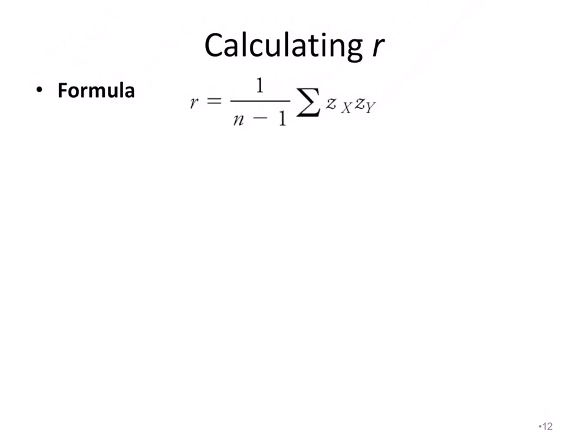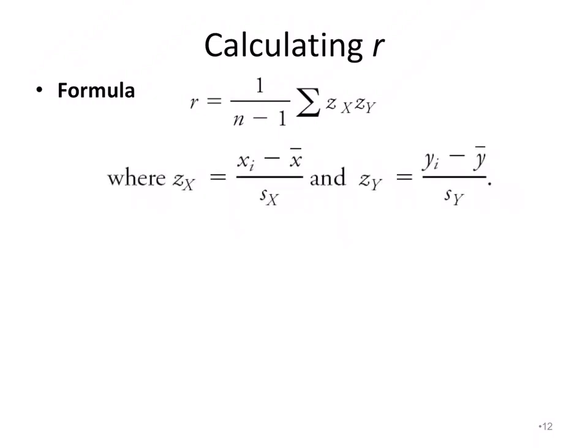So here we go, we're going to calculate R. When you calculate R, the formula is R equals 1 over n minus 1 times the sum of zx zy. So zx is xi minus x bar over the standard deviation of x, and zy is yi minus y bar divided by the standard deviation of y.